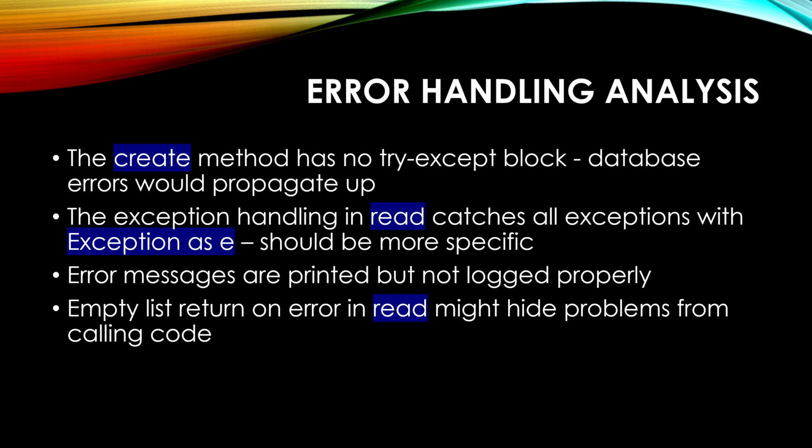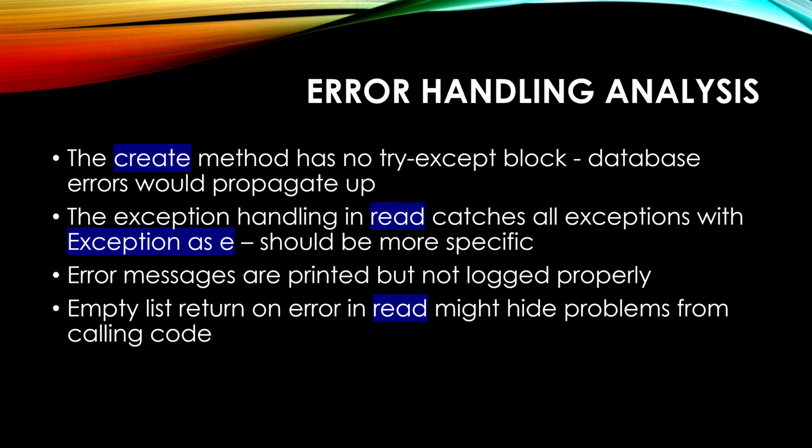Next is error handling analysis. The read method has a try except block, lines 44 to 49, which is good. However, the create method has no try except block. The exception handling in read catches all exceptions with a generic exception, but it should be more specific.